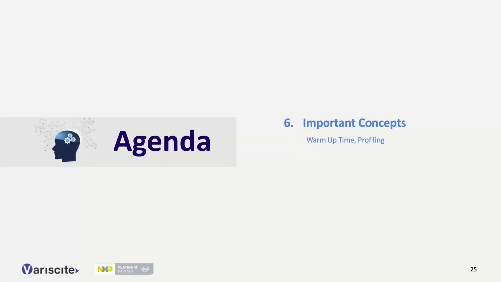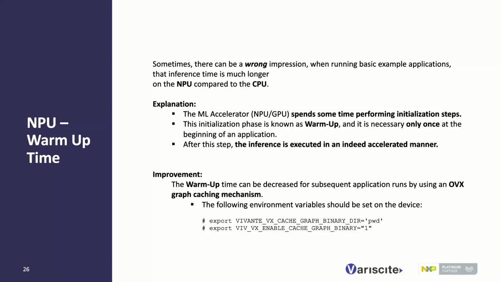And here are some important concepts like warm-up and profiling. Warm-up was shown in the previous slides, but I decided to talk about it here because sometimes we can get a wrong impression when we run the inference on the NPU. If we run the inference on the NPU for just one picture, we will have the impression that it is slower than running on the CPU. That's because we need to do some initialization steps for the NPU.